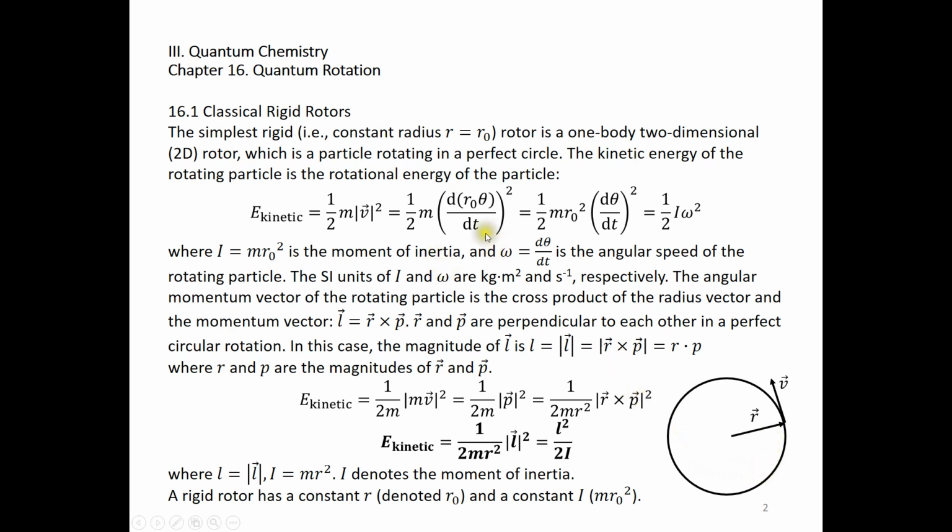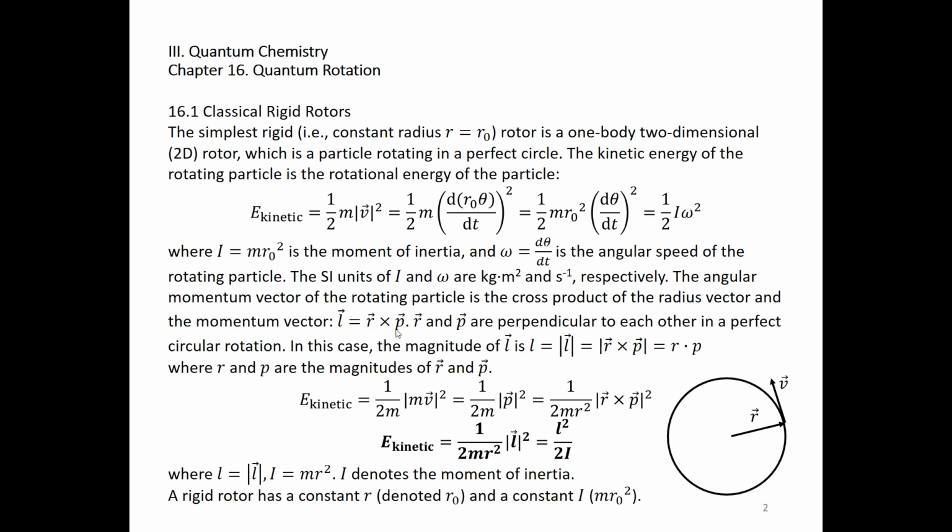The angular momentum vector of the rotating particle is the cross product of the radius vector r and the momentum vector of the rotating particle. So L is r cross product p. L is the angular momentum, r is the radius vector, and p is the momentum vector.